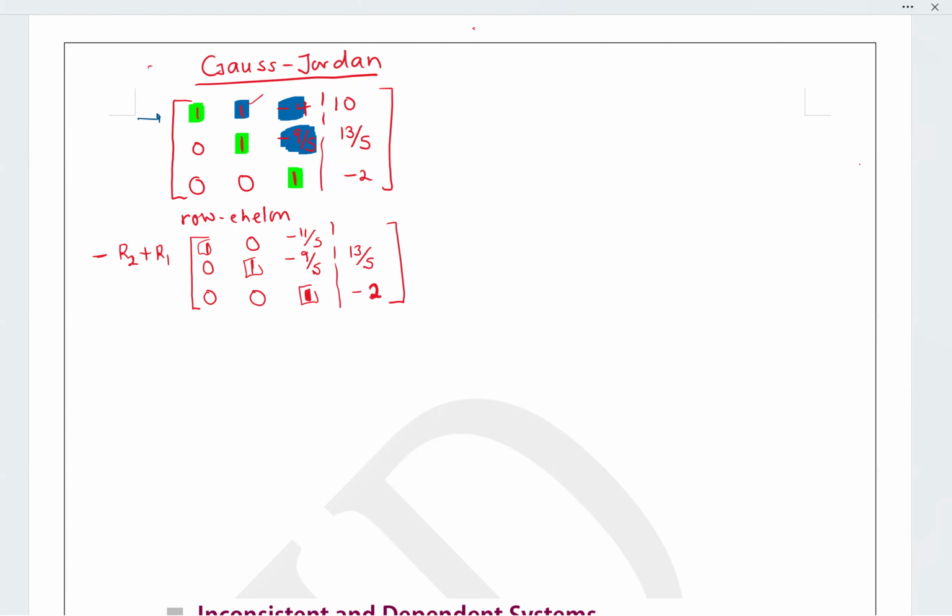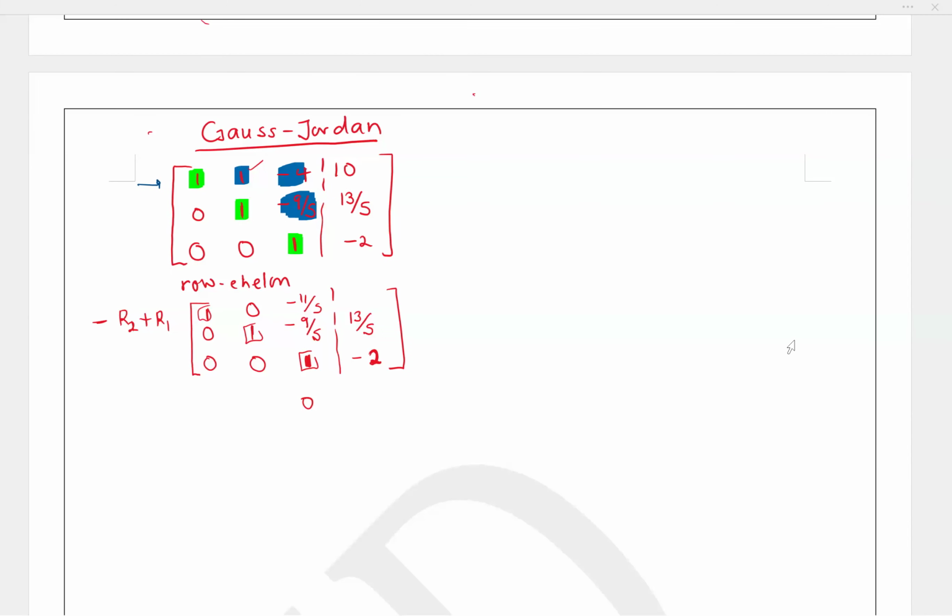What is, remember, what operation? Minus R2 plus R1. So it's minus, so we have minus 13 over 5 plus what? Plus 10. Yes, that is what we are having here. And what will that be? So the term here, what will the term be?